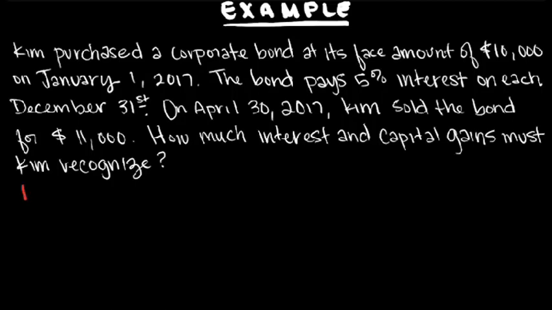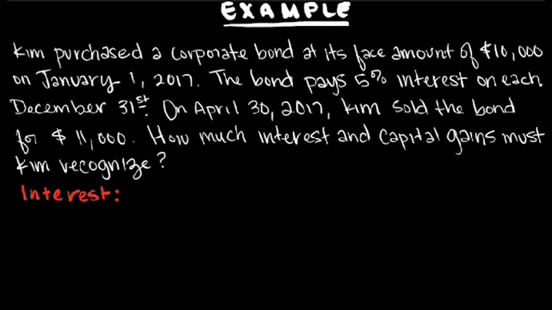So let's start with the interest. To calculate the interest, we first take her basis, or how much she paid for the corporate bond, of $10,000, and we multiply that by the stated interest rate of 5%.